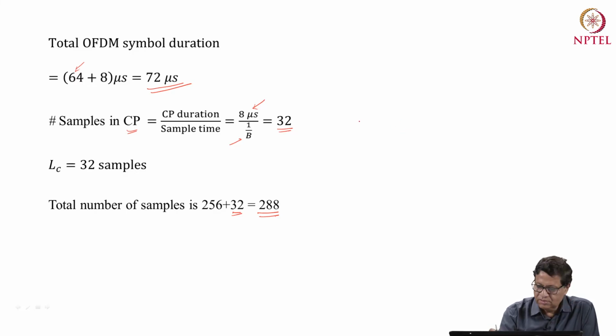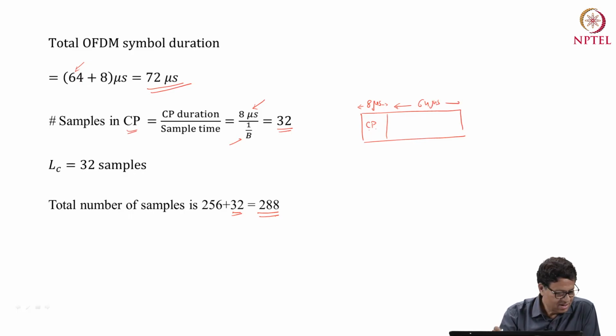So if you want to draw, this is your CP. CP, this is 8 microsecond, which we have taken, and this was 64 microsecond in this example, and this is 256 OFDM samples, and this is 32 samples.